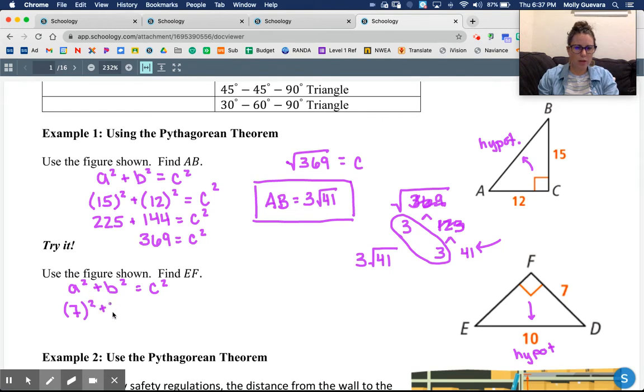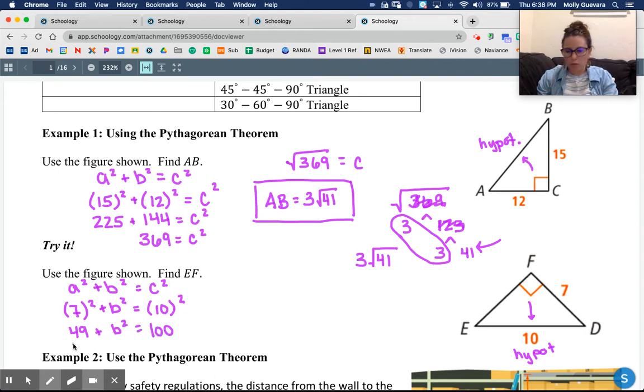So 7 is one of my legs. I do not know the other leg, but I do know that my hypotenuse is 10. If you place these incorrectly into the equation, just know that whatever's across from the right angle has to always be the hypotenuse. Okay, so 7 squared is 49, plus b squared equals 10 squared, which is 100.